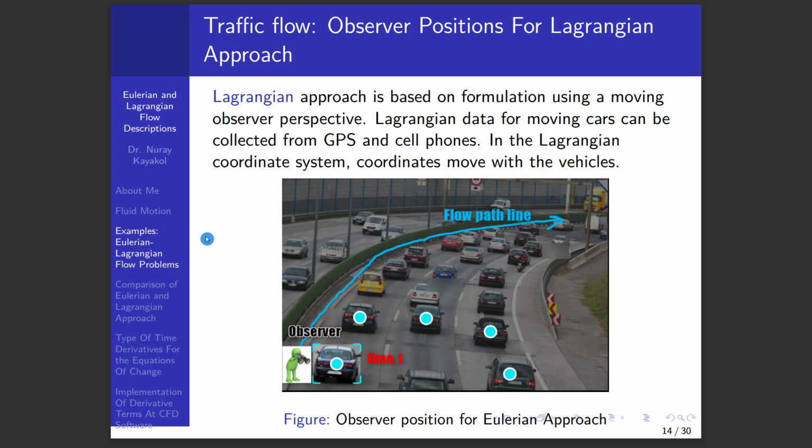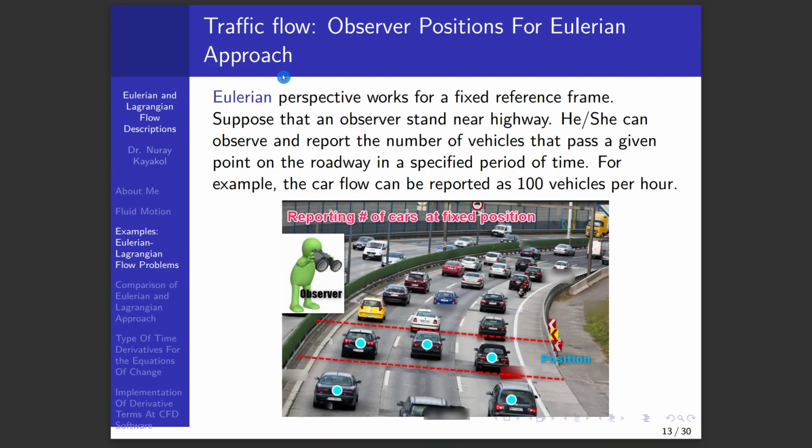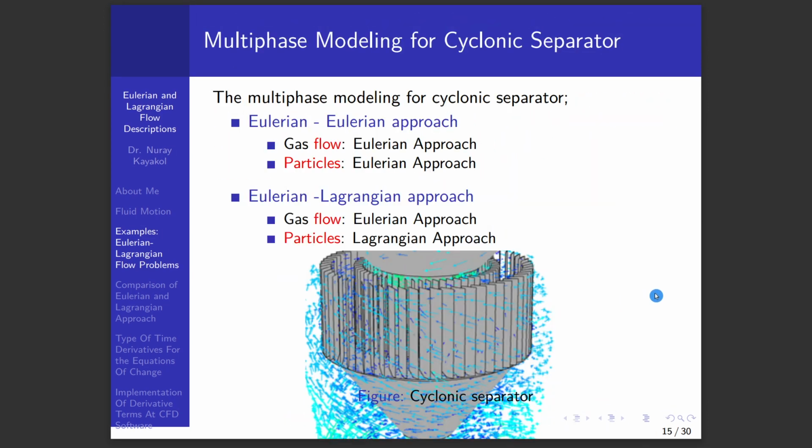If this information is collected, then traffic flow can be obtained or plotted. So this will be the Lagrangian approach. The observer will move with the object, but in the Eulerian approach, the observer will stand outside of the traffic flow. This will be the daily life example.